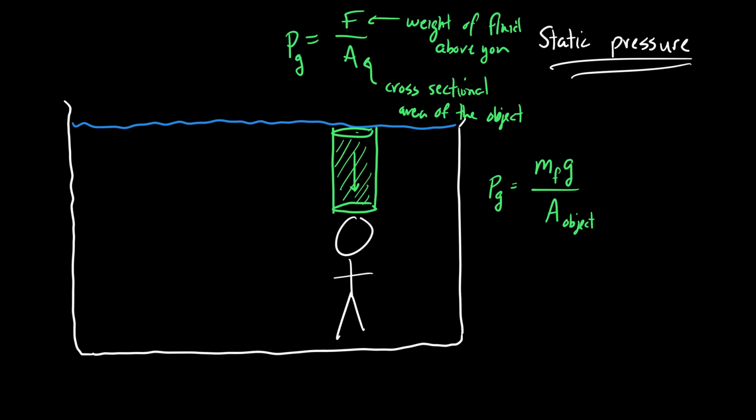So one way to do that is to remind myself that the mass of the fluid divided by the volume of the fluid would equal the density of the fluid, right? Density is mass over volume. That okay? So what I want to do is find a way to write the volume of the fluid.